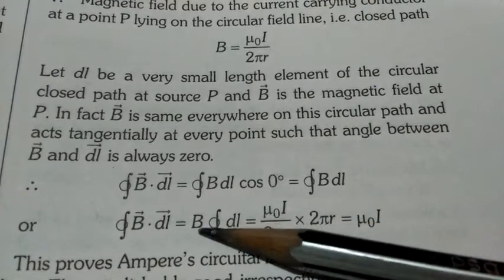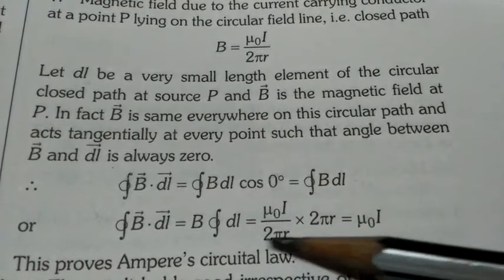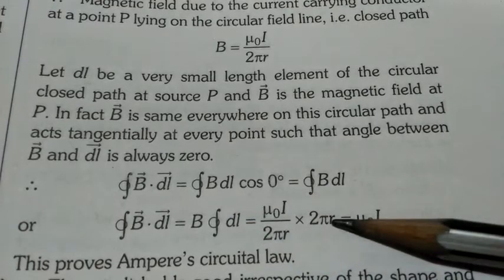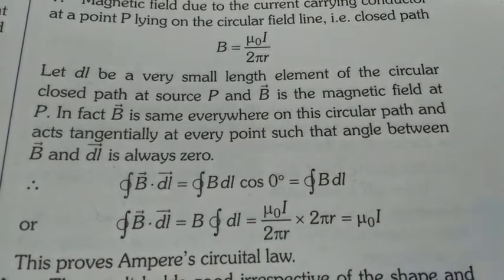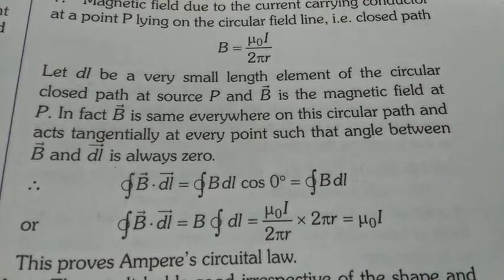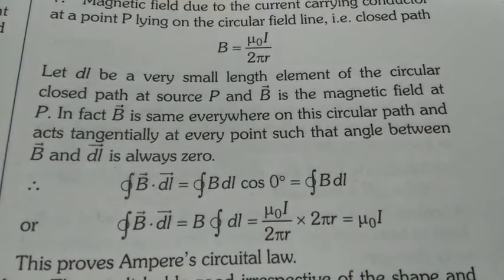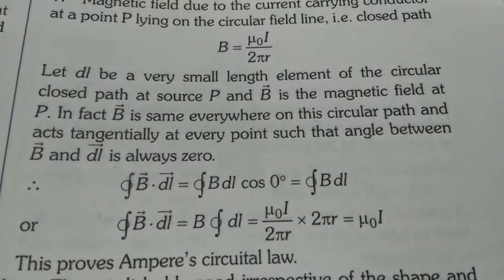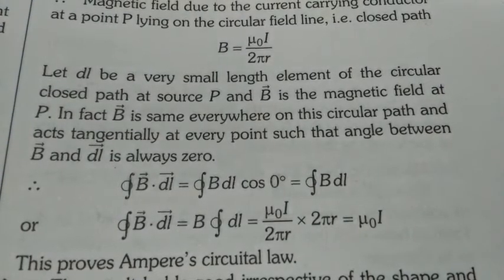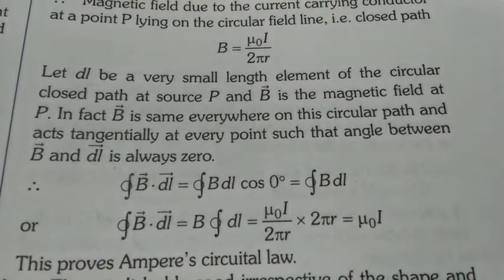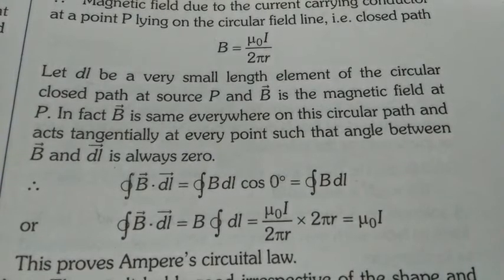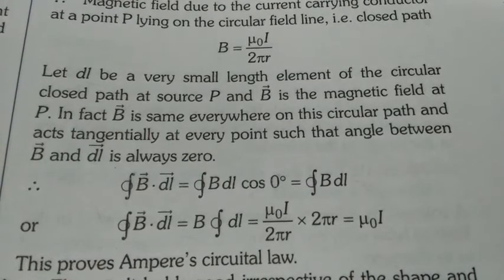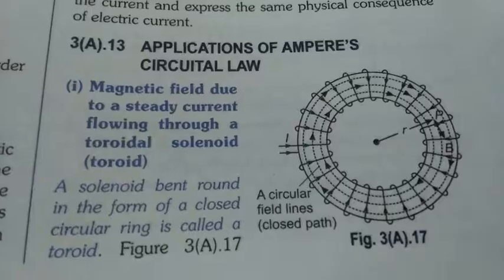When we put the value of B, mu naught I upon 2 pi r, this 2 pi r gets cancelled and we got mu naught into I. So here we have proved Ampere's circuital law, that for any closed circuit, the integral of B dot dl is equal to mu naught I. Now by applying this law, we can find out the magnetic field for different conductors.